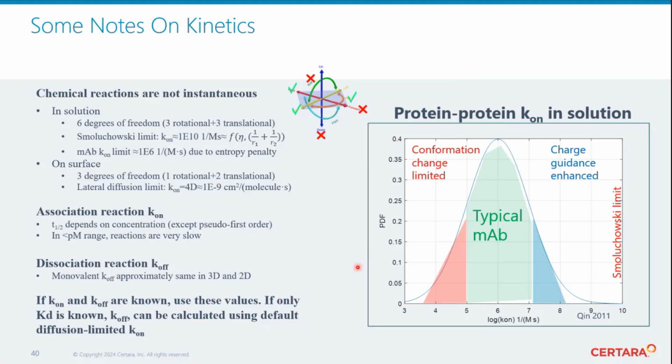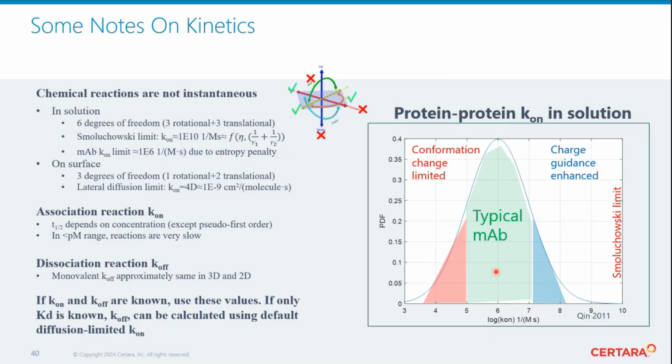Now, kinetics, nothing happens instantaneously. Antigen reactions, like any chemical reaction, are ultimately diffusion limited. So that's why the typical antibody association rate is around 10 to the 6, 1 over molarity times second. That's where most of them are.